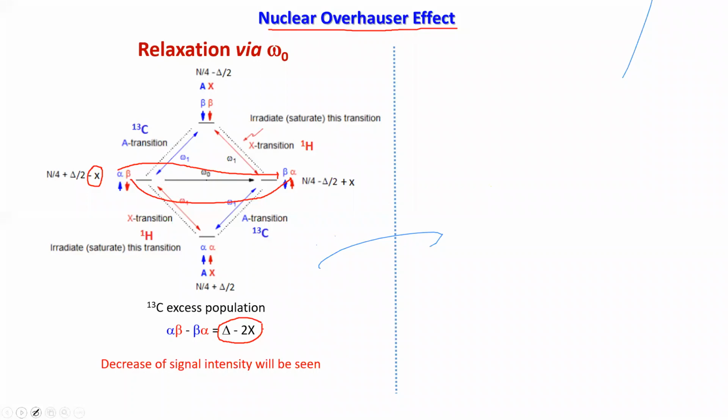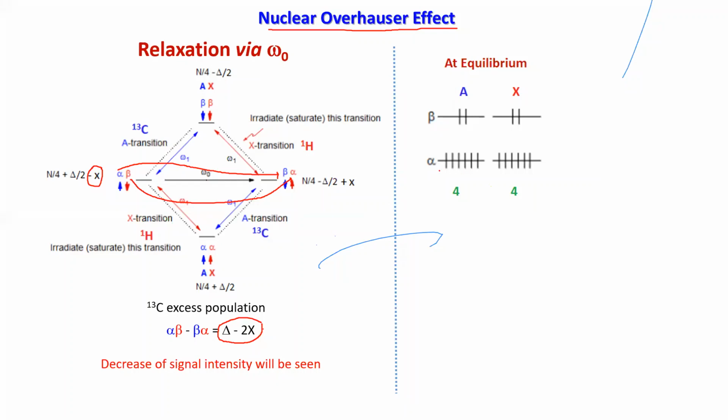Let us consider at equilibrium two nuclei, X and A. You consider A as 13C and X as proton. Here, look at the number of nuclei I have considered: 1, 2, 3, 4, 5, 6.